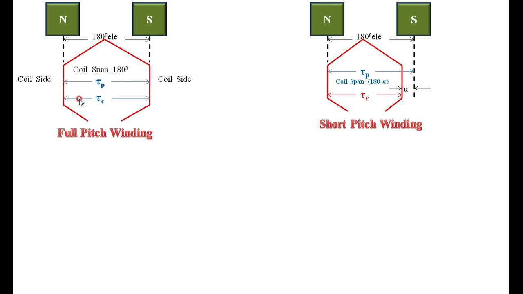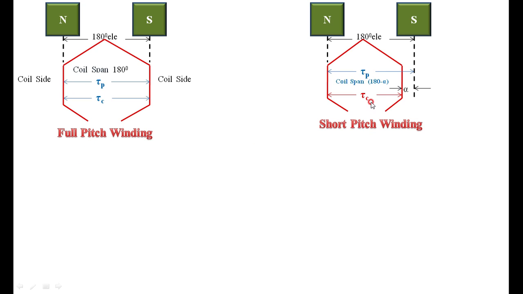The terminology used here: tau p is the pole pitch, which is always 180 degrees electrical. However, the coil pitch depends upon where exactly the two coil sides are placed, whether 180 degrees apart or less than 180 degrees. If tau c is 180 degrees, it is called full pitch.